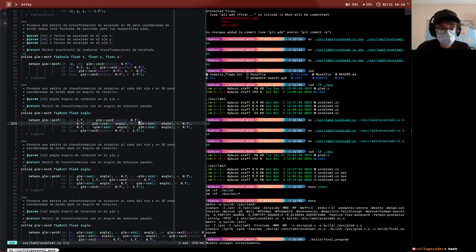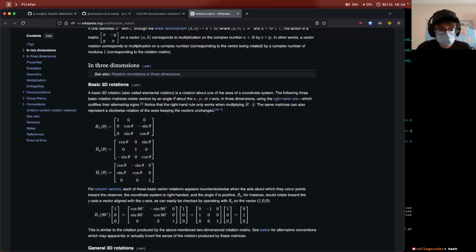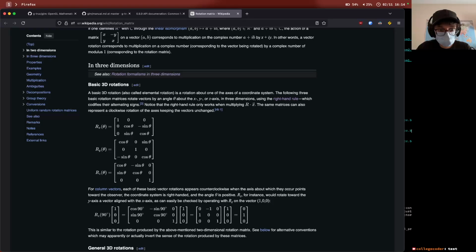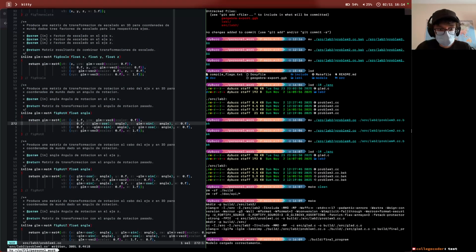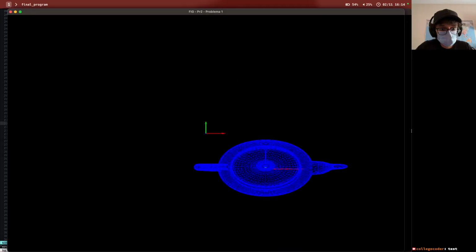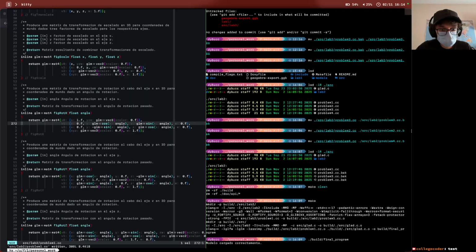That's supposed to be the negative sign. No? Wait, what? No, it's correct. It's 0, cosine, sine, and then again 0 for the W. Then for the third column vector, it's supposed to be 0, negative sine, cosine, and the 0 for that one, and the last one's got 3 zeros, and W is 1.